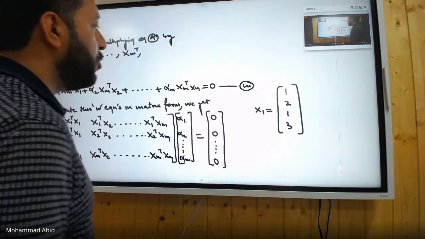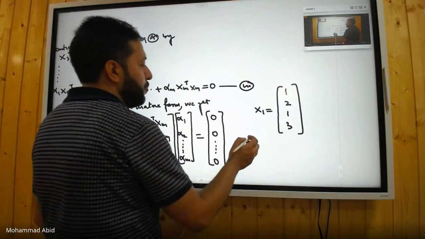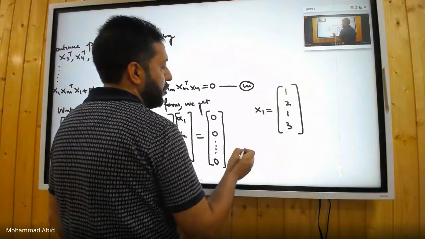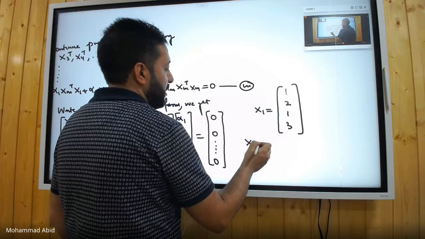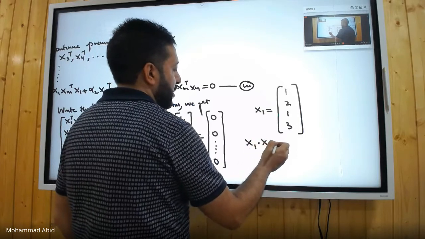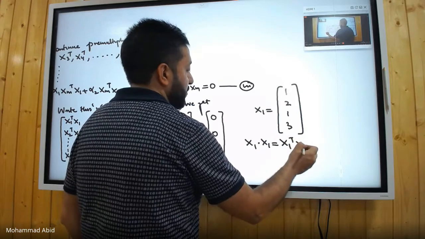You have learned about the dot product of vectors, isn't it? How do you obtain the dot product of vectors? For example, you have to obtain the dot product of x1 with itself, x1 dot x1. That's actually defined as x1 transpose into x1.